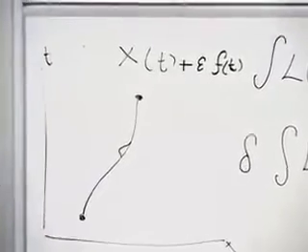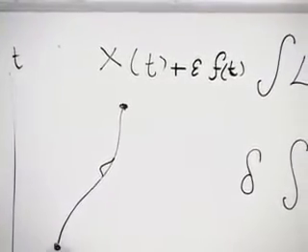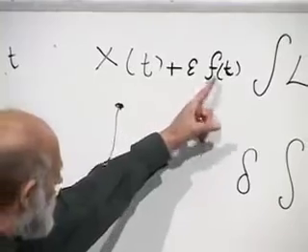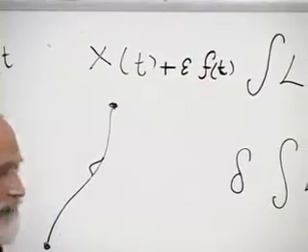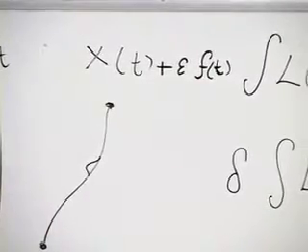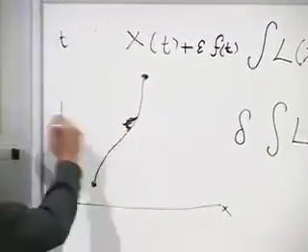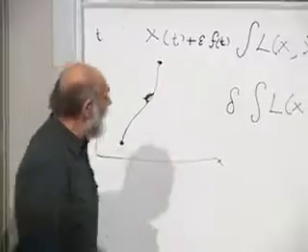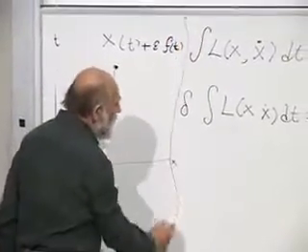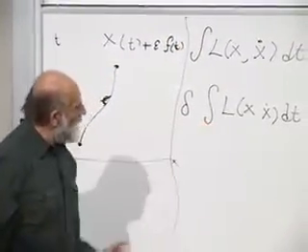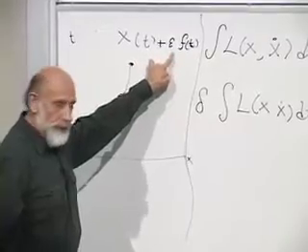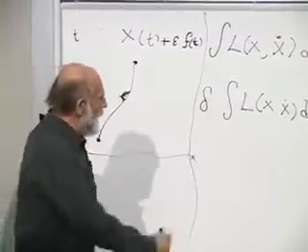What are the variables in this problem that we're minimizing with respect to? We're minimizing with respect to all these variables f of t1, f of t2, in fact, f all along here. This little bump here represents f. So the question then is, how does the action change when we change x a little bit? All right, that's easy to work out.